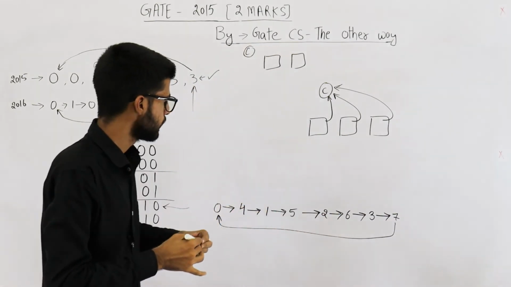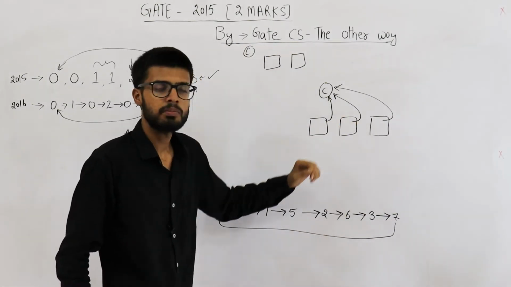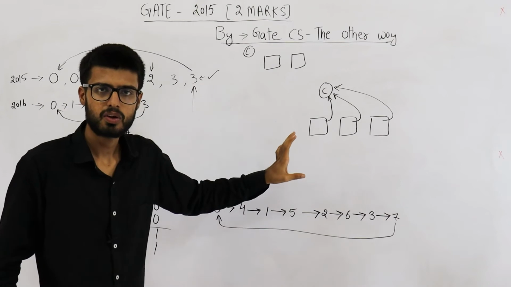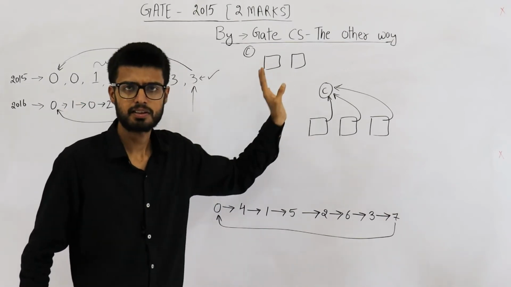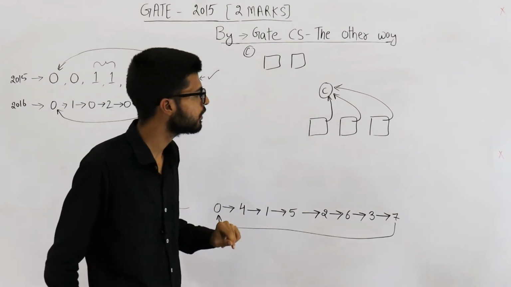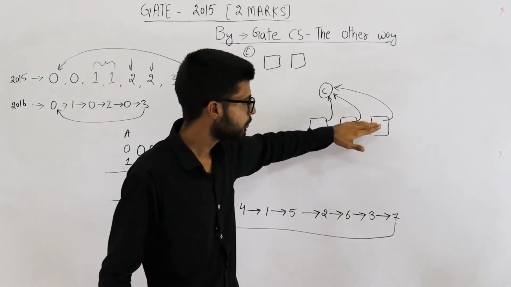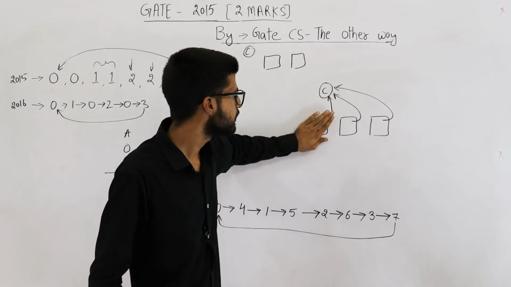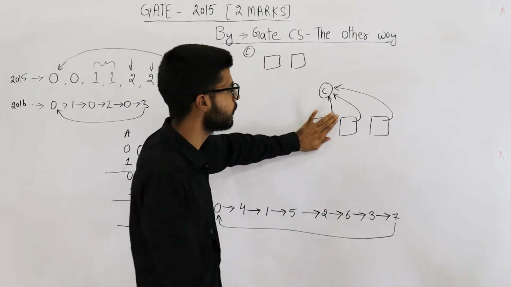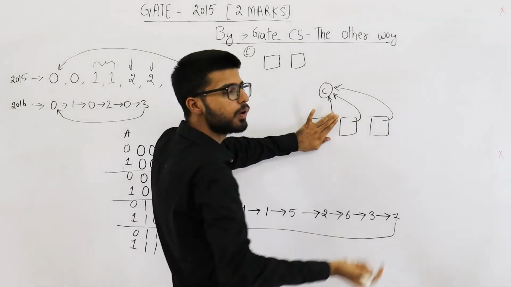This counter can be implemented in this way. There is a clock signal and these outputs are generated and so on. To determine its current state, we will just neglect this flip-flop. Only these 2 bits will be taken.